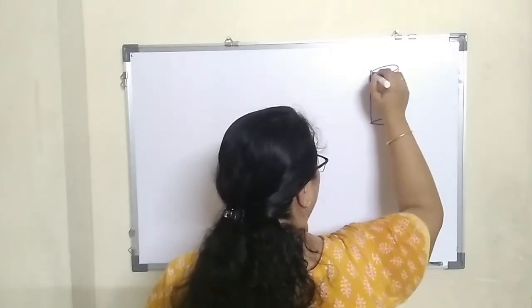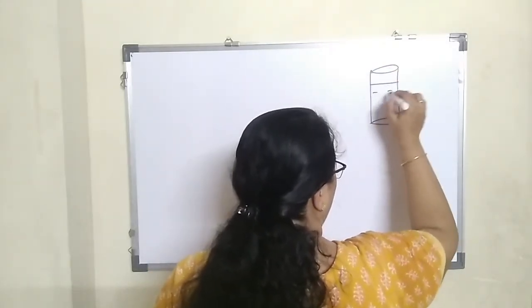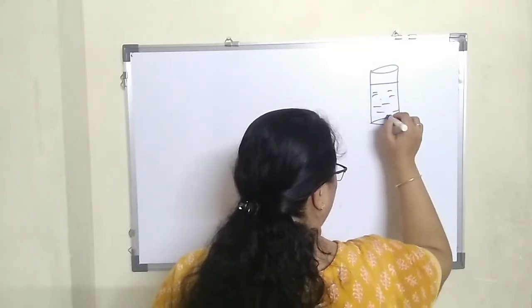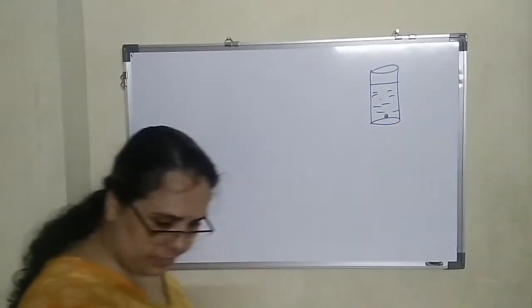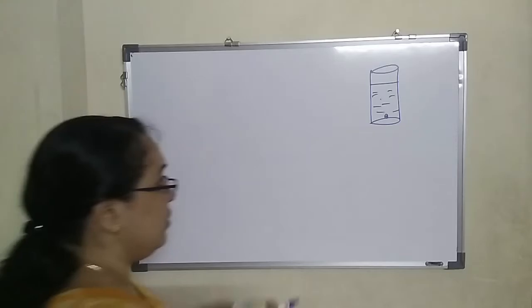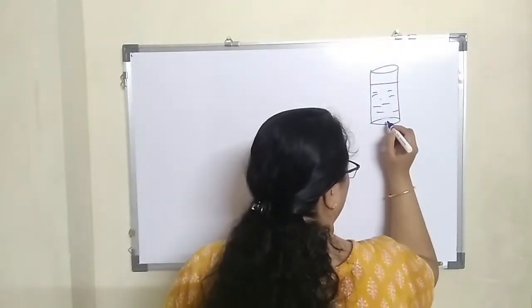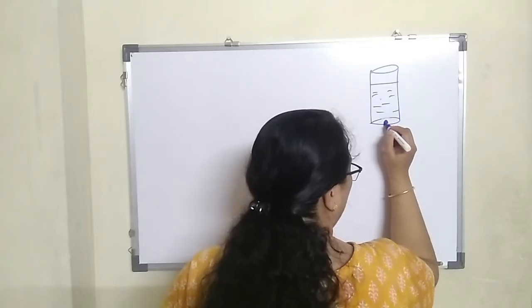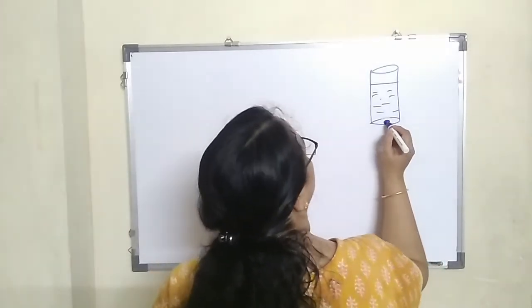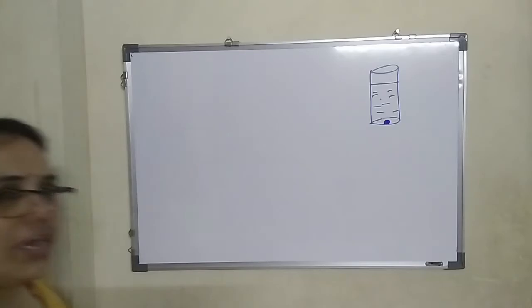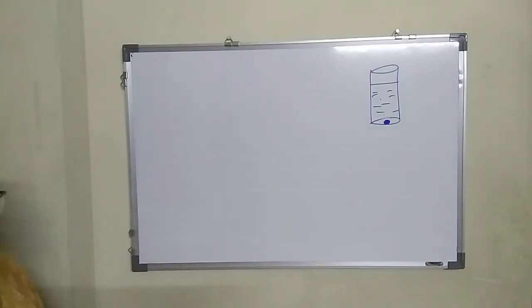You have a cylinder and it is filled with water. And inside you have a ring put inside the glass like that. There is one sphere put inside here to make a sum for you. So that is a difference.